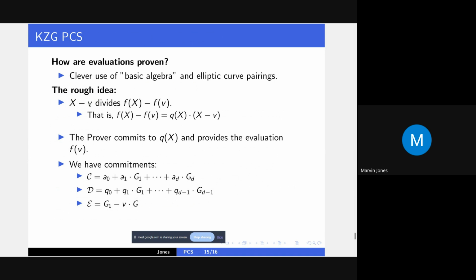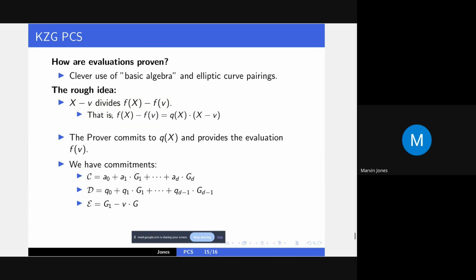So you're going to ask me to evaluate the polynomial at v. Well, this will perfectly, monomial, not monomial, whatever. My brain's broken on math terms today. f of x minus f of v, though, will be divided by x minus v. That's the key, is that because this will perfectly divide it, there's some polynomial q of x that multiplies with x minus v that will give us this perfectly.